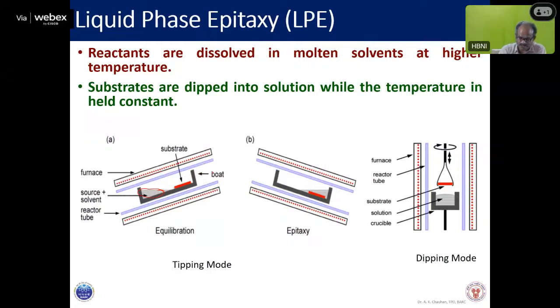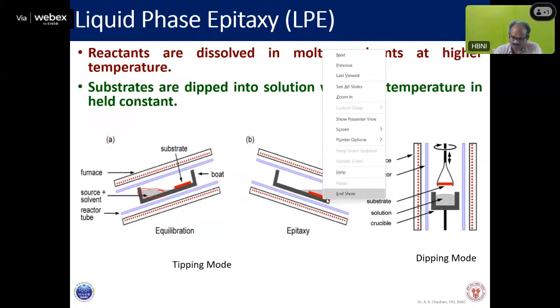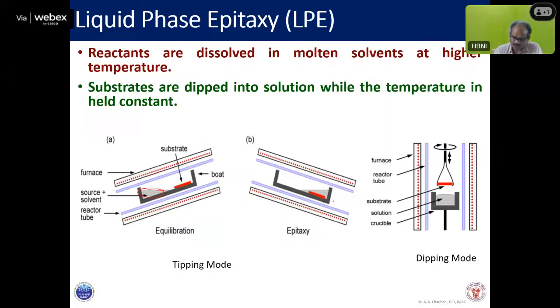You make it straight, you tilt it and bring it this way. Now this molten solvent has come into contact with the substrate. After some time, the time can be optimized, you bring it back again to this situation.